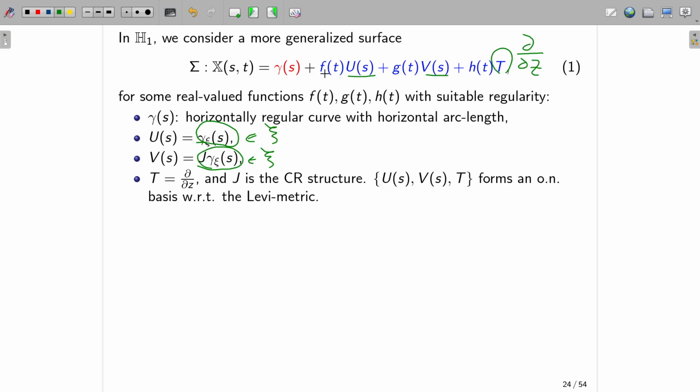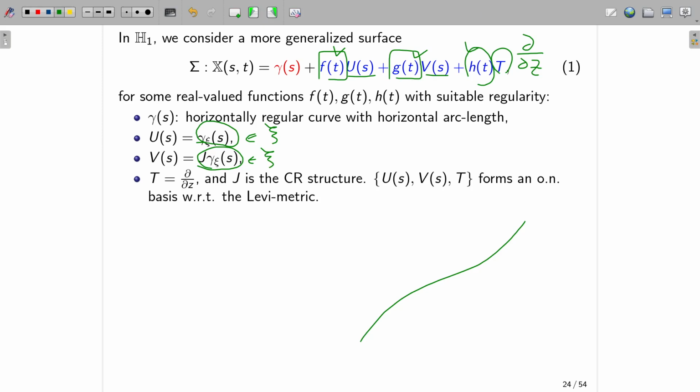So I put in very general functions f, g, and h. Now we have a curve gamma, and we use the generalized surface to see when the Pappas-Gooding theory holds, and we have to put some conditions on the functions f, g, and h.